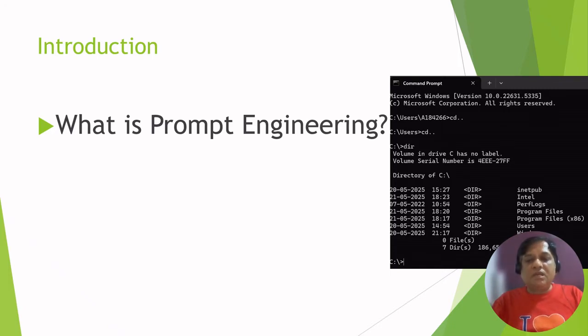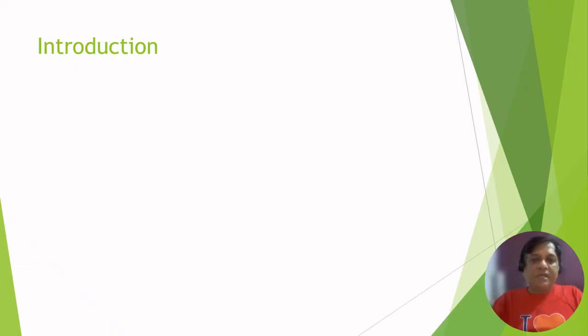So this was a command prompt in which we used to give commands and we used to get the results of those commands. Similarly, now we have prompt engineering, so we give prompts instead of commands. It is named as prompt, and based on that prompt, we get the reply from the Gen AI.